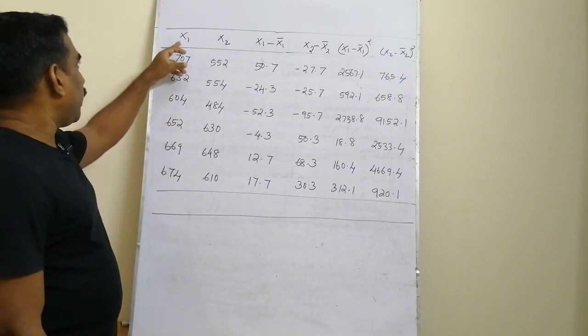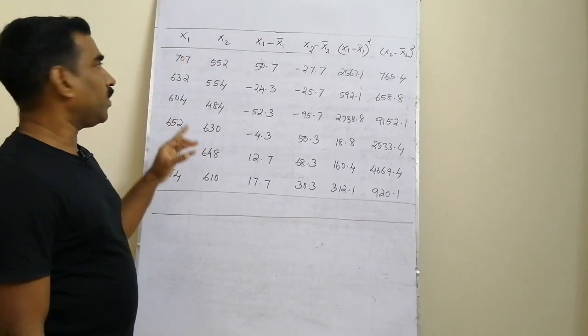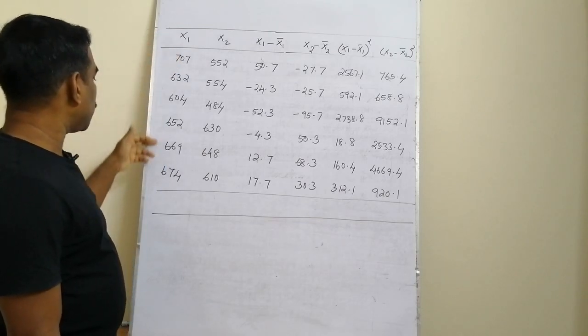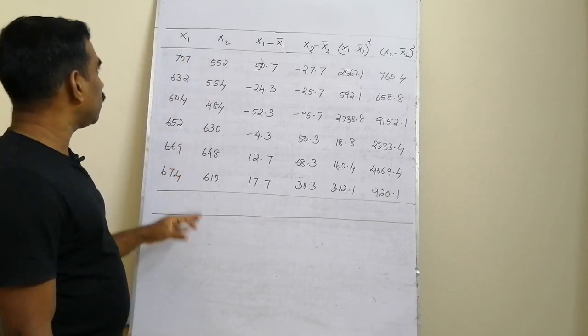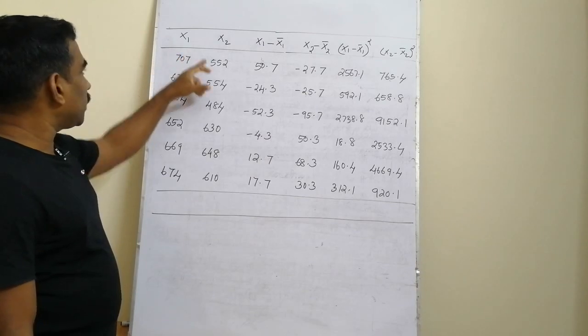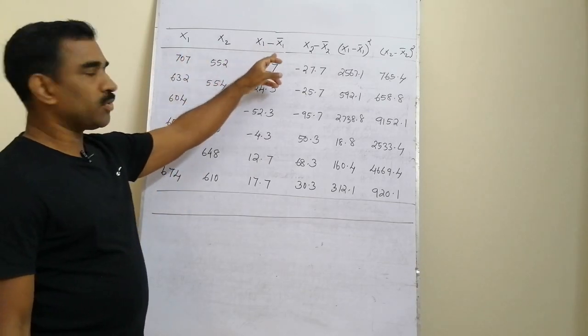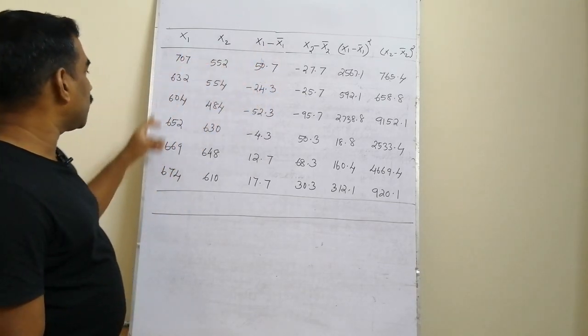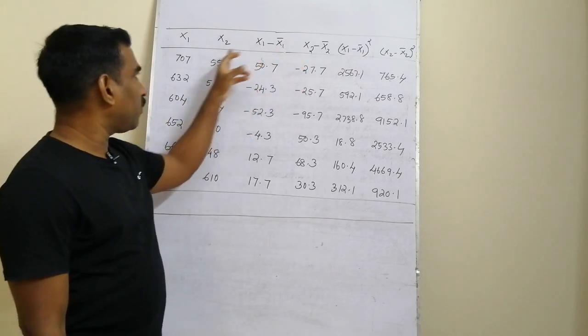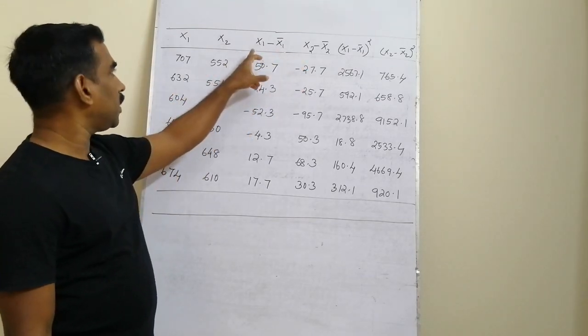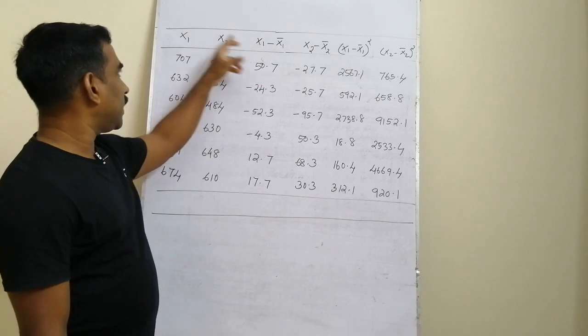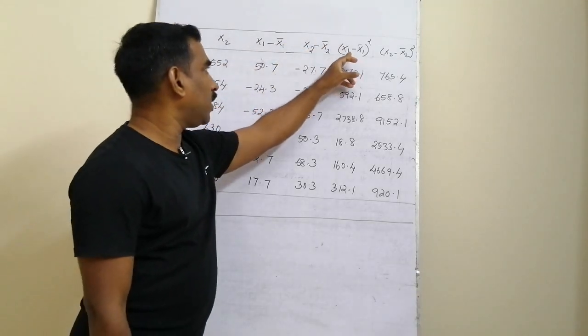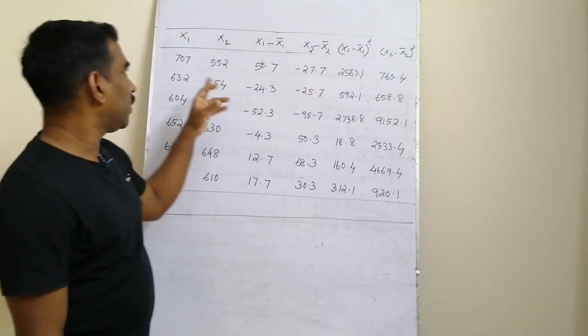Now we call the first location data x1 and the second location data x2. From this x1 data and x2 data, first of all we compute x1 bar, the sample mean for the first sample, and x2 bar, the sample mean for the second sample. Then subtracting the sample mean from the first set, x1 minus x1 bar, and taking the square, x1 minus x1 bar the whole square.